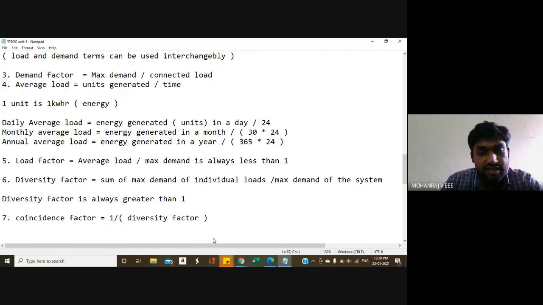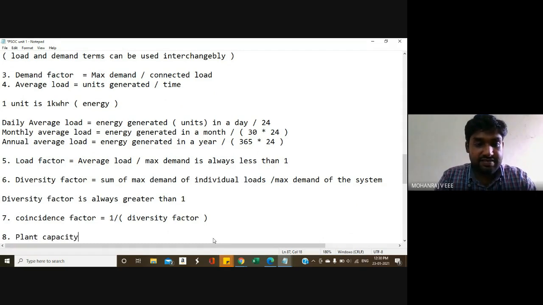Then what are the other terms we have? We have plant capacity factor. What is this plant capacity factor? It is in terms of power. We are going to deal with power.